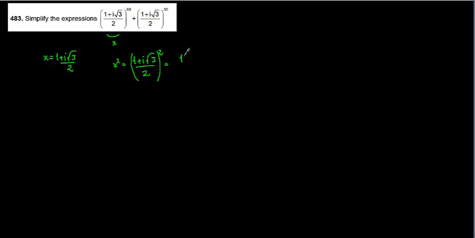So this is equal to 1 squared plus 2 times 1 times i√3 plus (i√3) squared, and in the denominator it's 2 squared, because this power should be given to the numerator and denominator one by one.